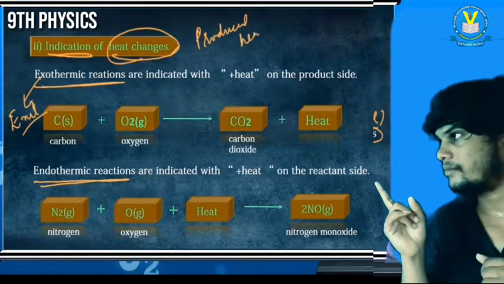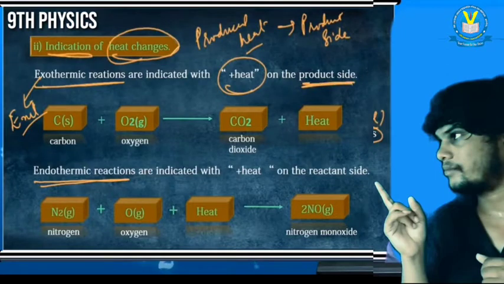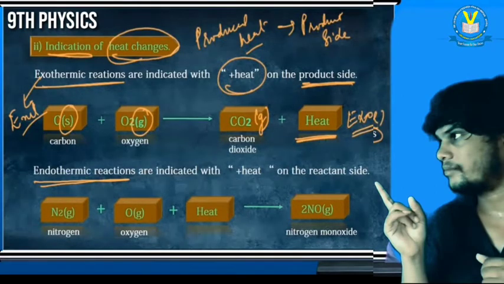For example, in the reaction of carbon and oxygen, heat is produced, so it is one of the products of the chemical reaction. Here carbon is solid and oxygen, O2, is in gas state. By the reaction of these, CO2, carbon dioxide gas, is formed. At the same time heat is evolved or released. It is an exothermic reaction.